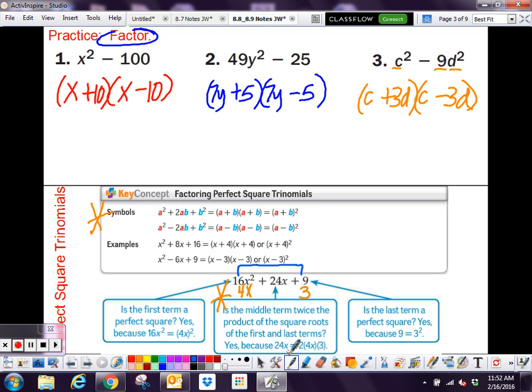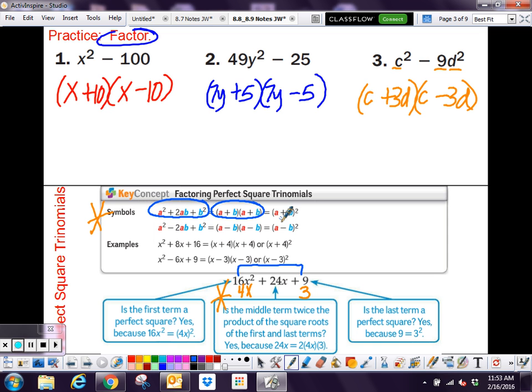Now look at how these would be written. If they are both plus signs, so if you have a squared plus 2ab plus b squared, notice how this is going to break up. Both your terms are going to be the same: a plus b, which means you could write it as a plus b squared, because there's two of them.